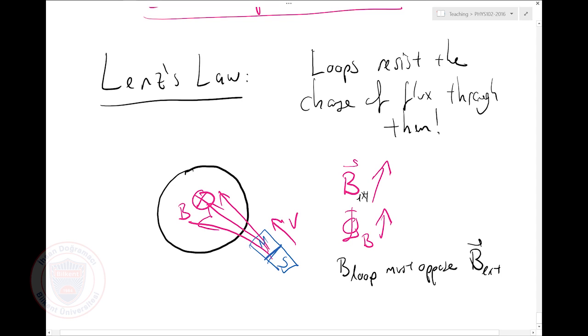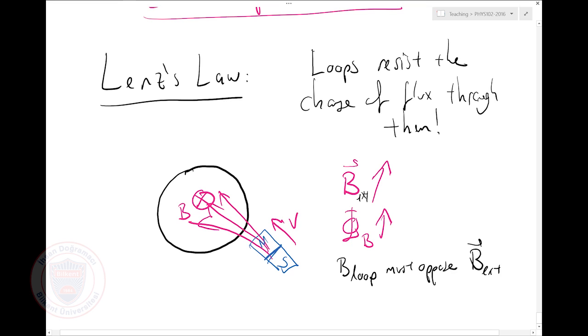So which way should the current of the loop be? Here, the external magnetic field is going into the loop and it's increasing, so the loop wants to create a magnetic field which is opposing this external magnetic field. So the loop should create a current which is rotating counterclockwise.